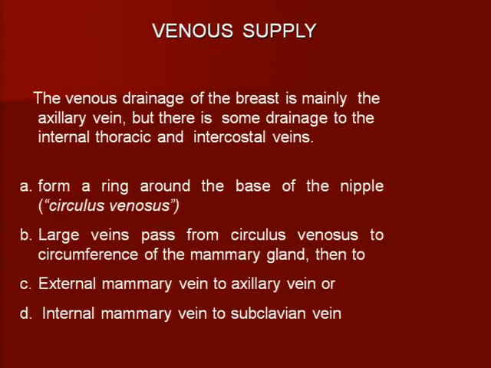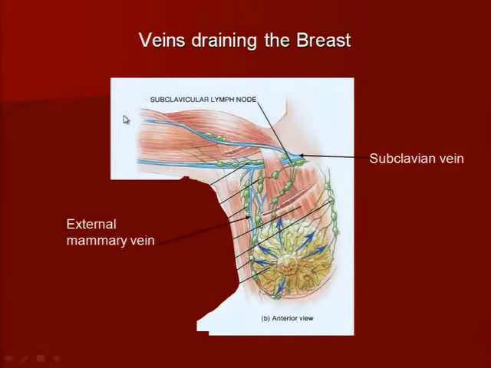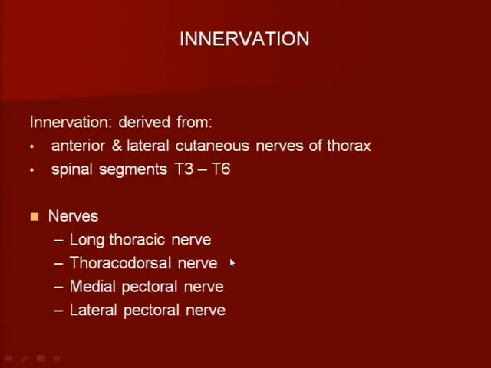These large veins pass from the circulus venosus to the circumference of the mammary gland, and from the external mammary vein to the axillary vein, and internal mammary vein to the subclavian vein. So again, they follow the route of the artery, external mammary vein, internal mammary vein, okay? And you have this circulus venosus here that drains the whole of the mammary gland.